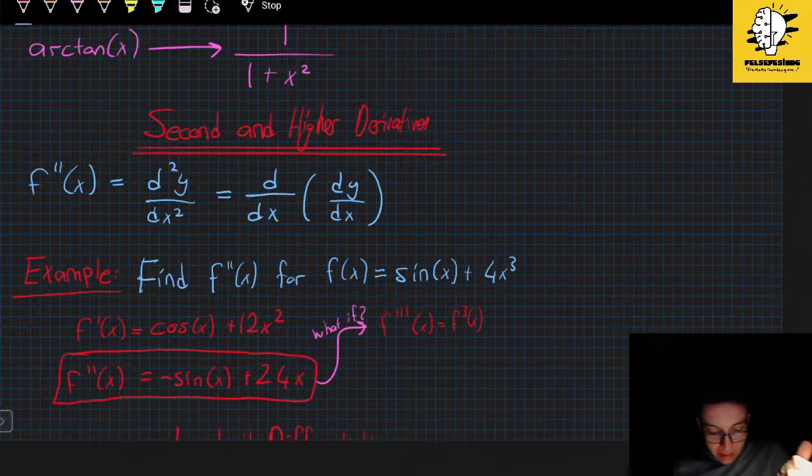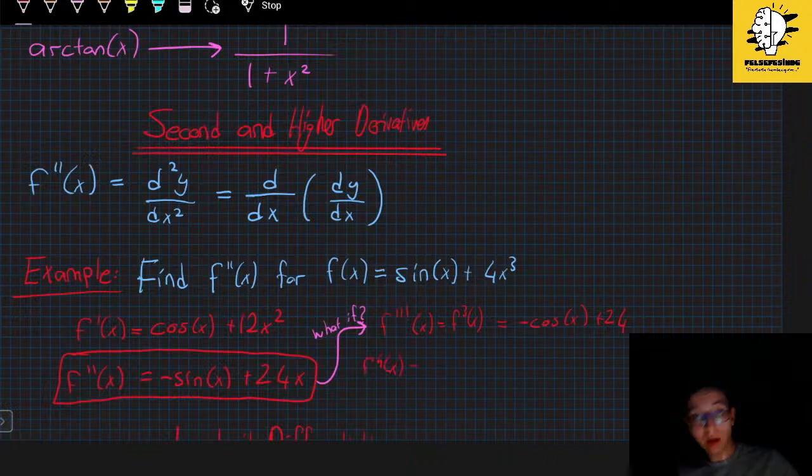So, f third derivative. Let's say we are given negative sine x plus 24x, so I have to derive it once again. Negative sine x is derived as negative cosine x, and 24x is derived as 24. I can be asked even f fourth of x.